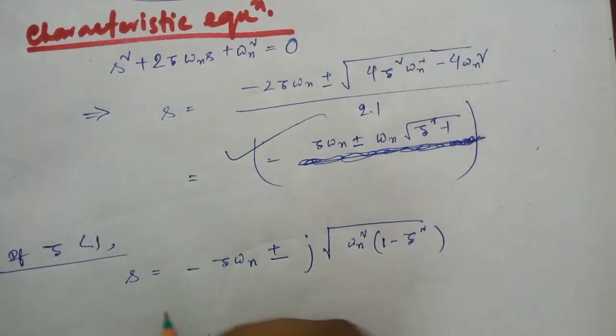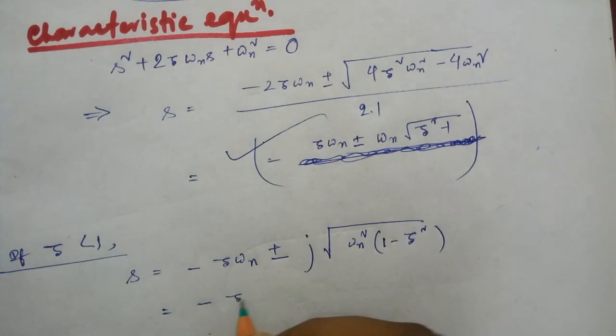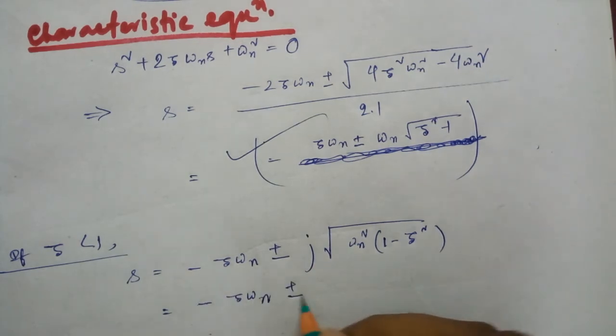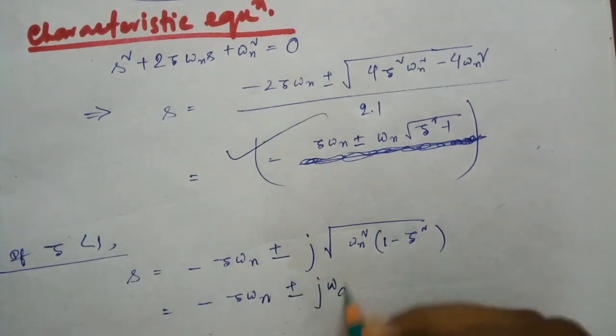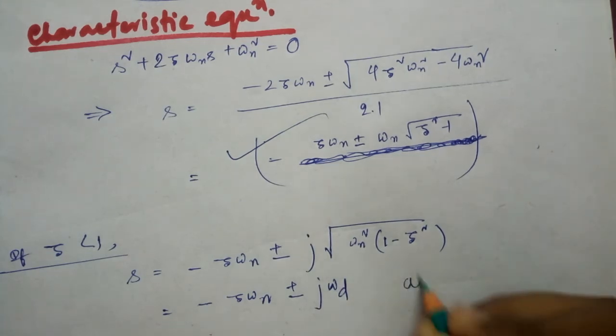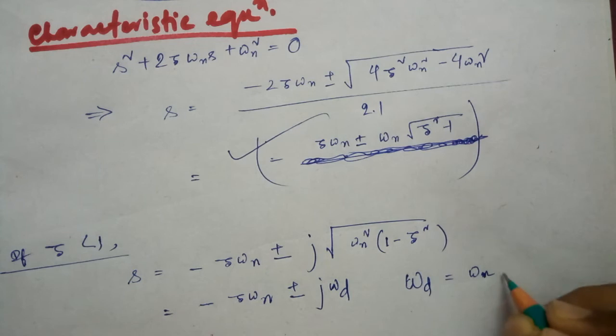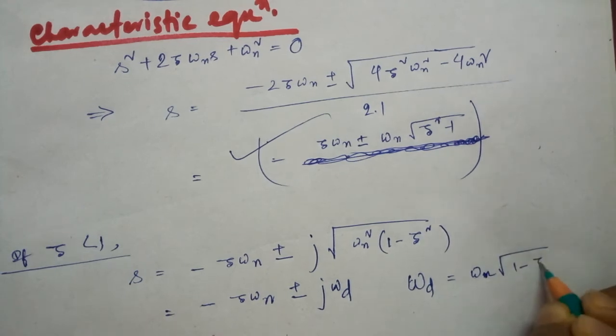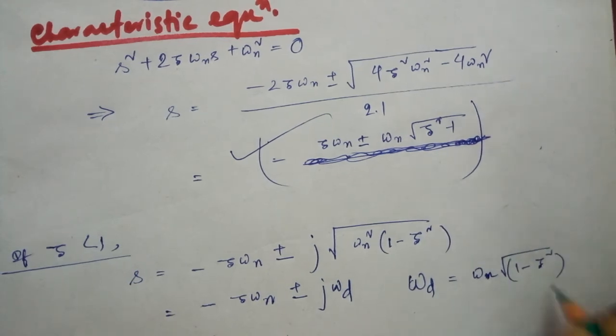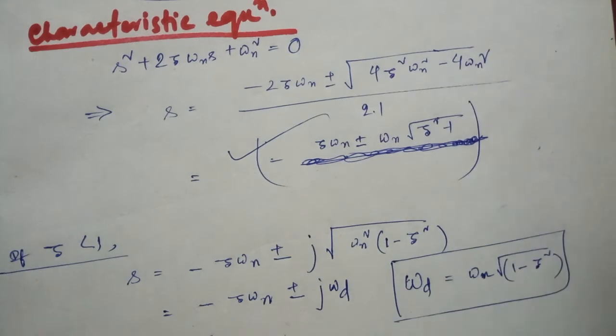This can be written as minus zeta omega n plus minus j omega d. This omega d is equal to omega n root over 1 minus zeta square. This is the damped natural frequency.